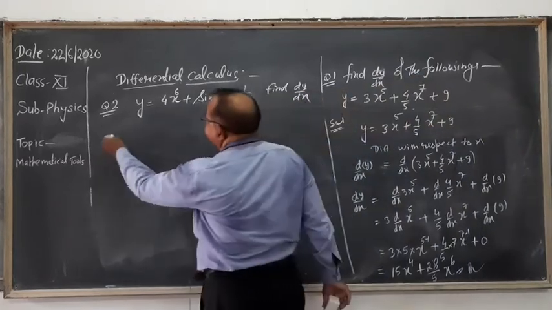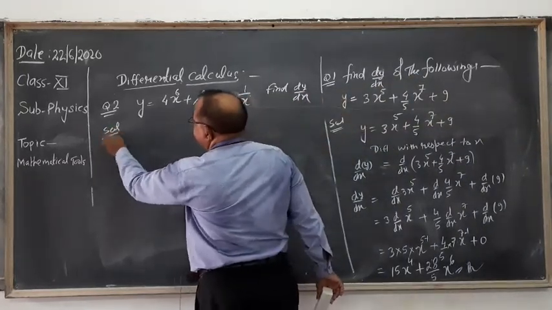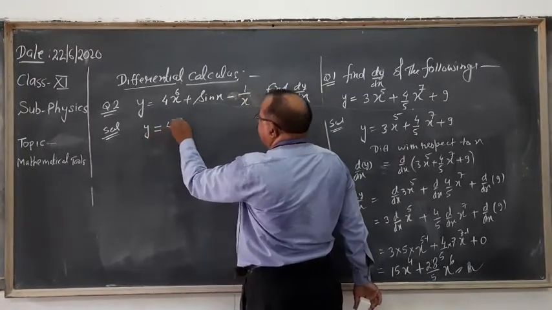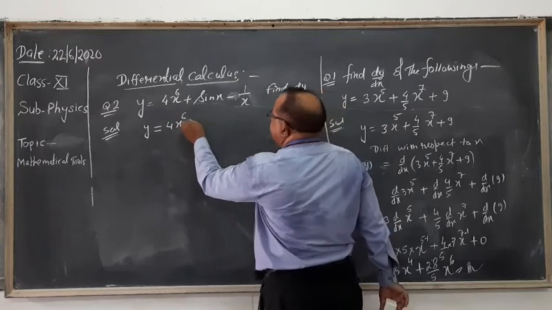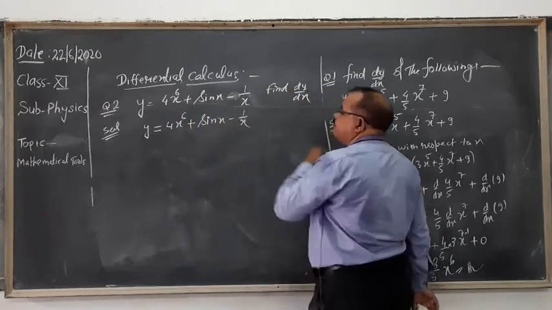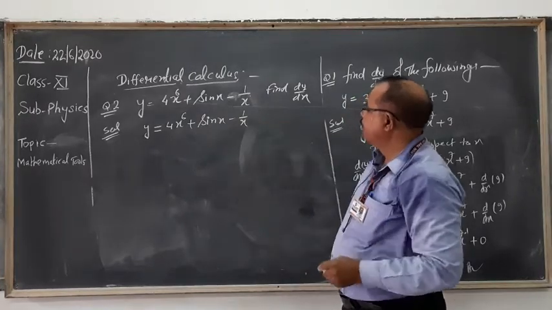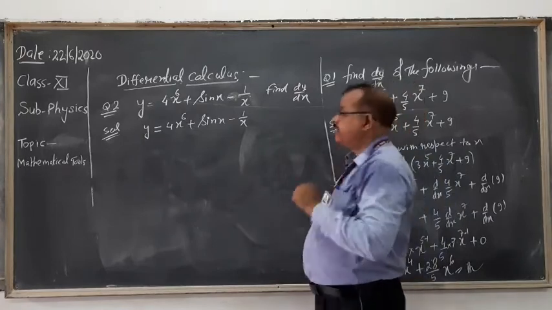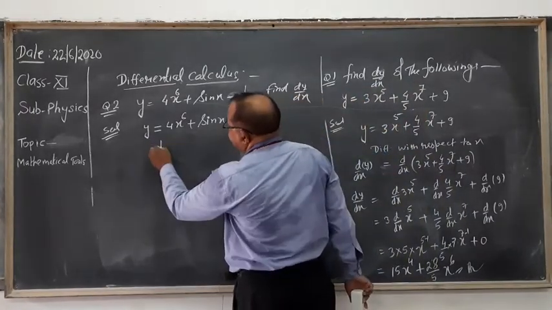Look here. The question is y equals 4x to the power 6 plus sin x minus 1 by x. So, first of all, differentiate both sides with respect to x.